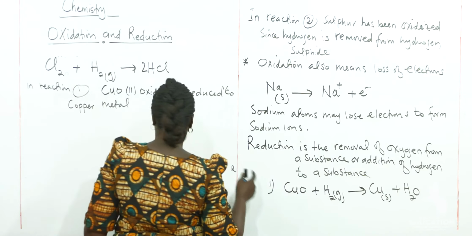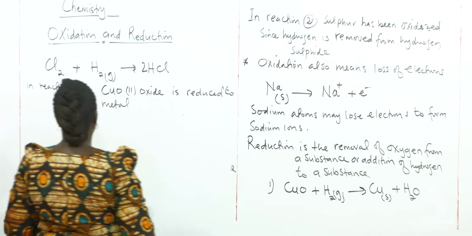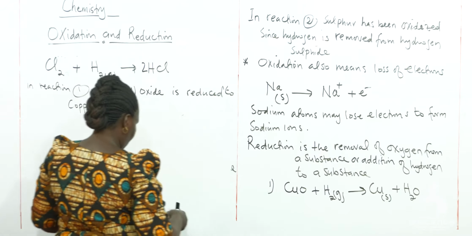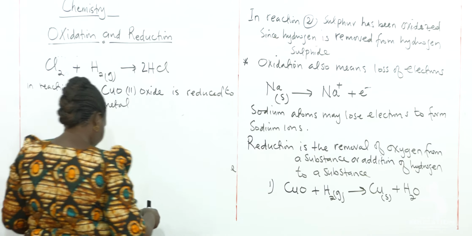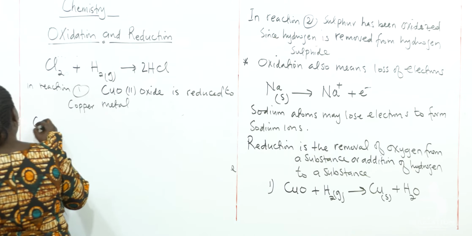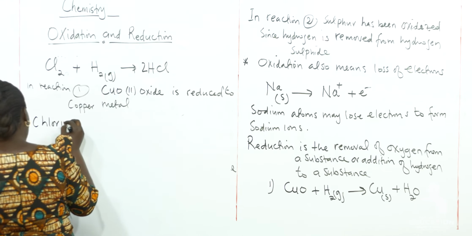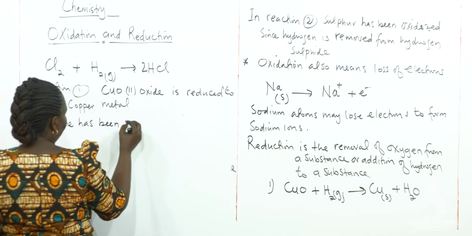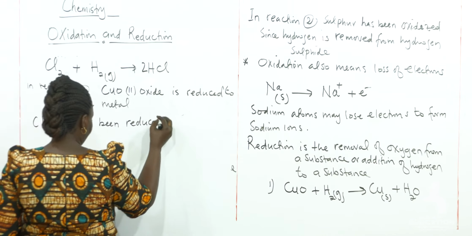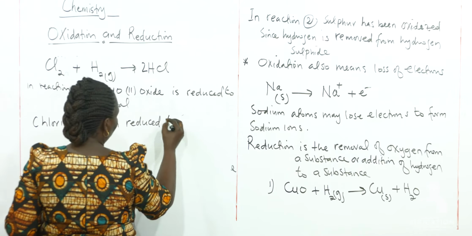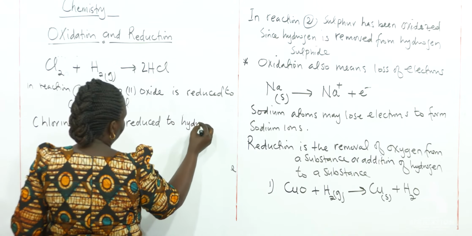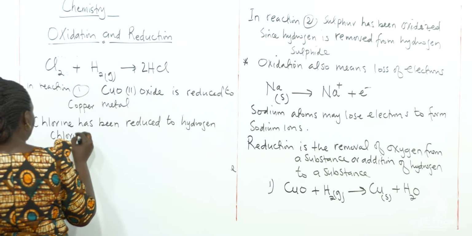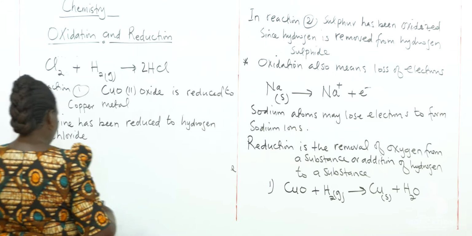So in reaction 2, there is addition of hydrogen to chlorine that gives us a product of hydrochloric acid. So chlorine has been reduced to hydrogen chloride.